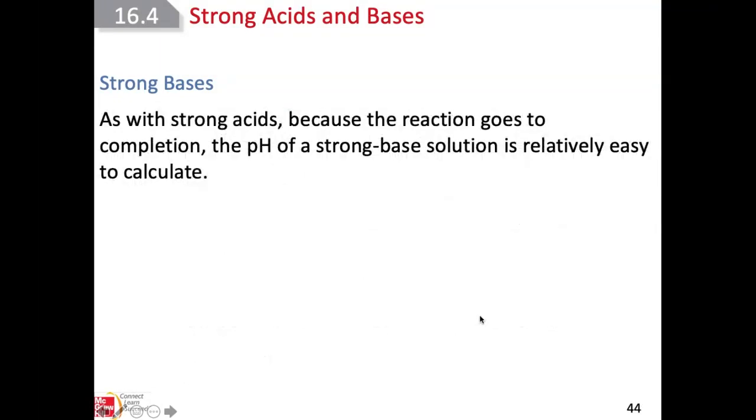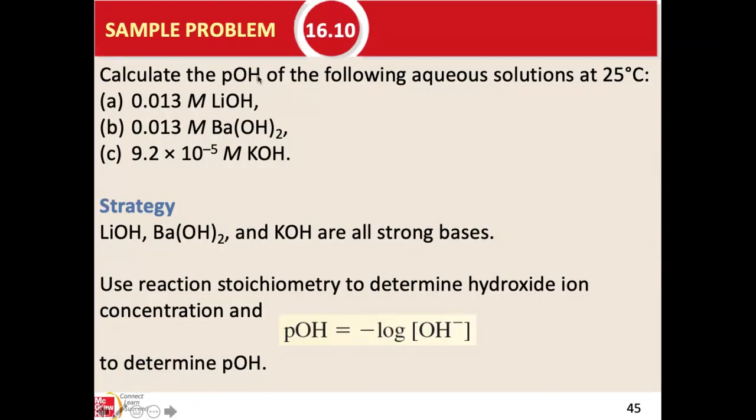And if we wanted to find the pH of a strong base, it is also very easy to calculate. So this is a problem to calculate the pH of the following aqueous solutions: lithium hydroxide, barium hydroxide, potassium hydroxide. They're all strong bases.